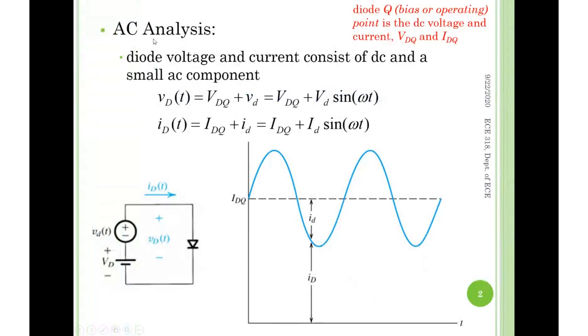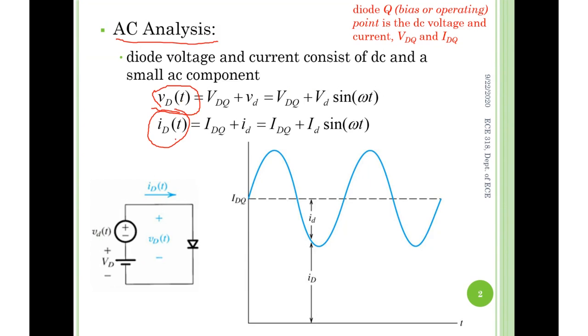All right, AC analysis. Here is pretty much repeating what I have just presented on the paper. The total voltage or total current is not necessarily the voltage across the diode or the current through the diode.